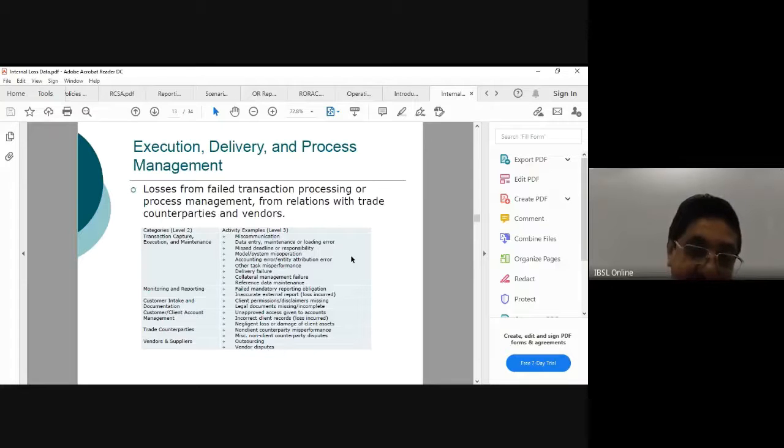Now, why do you repossess? It is a security, is it? Now you repossess means it's your security. But if it is a failure of your process, then it can be taken as an operational risk event. But if it is not operational failure, if it is a credit risk or whatever, then it can go under credit risk.